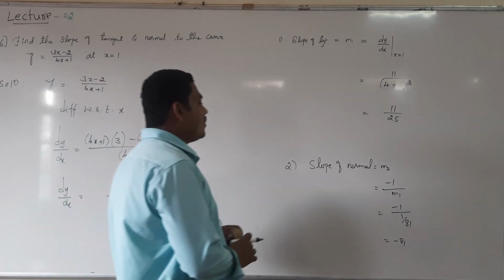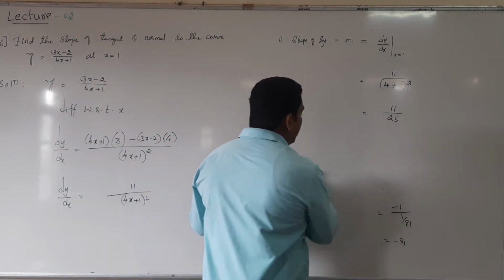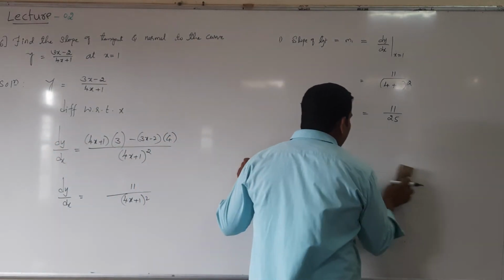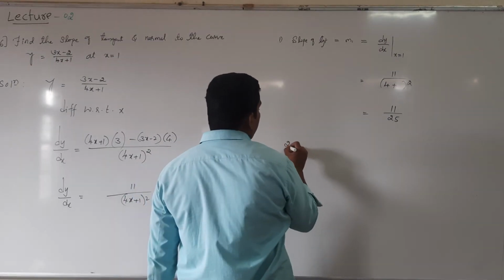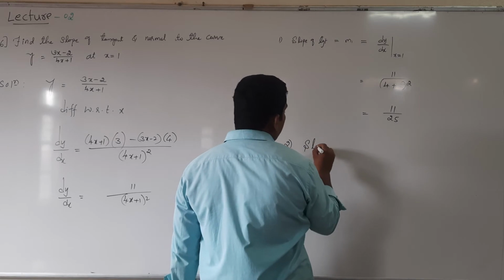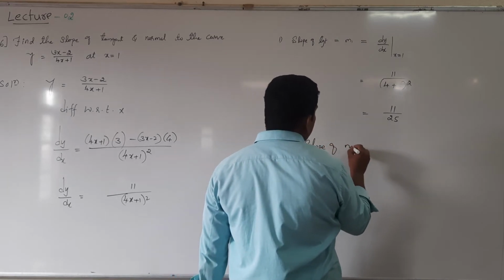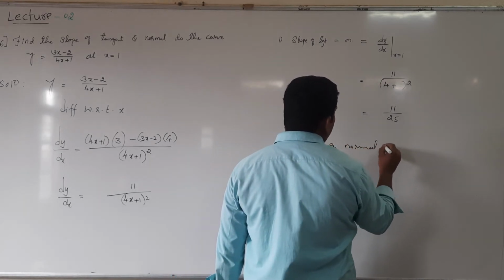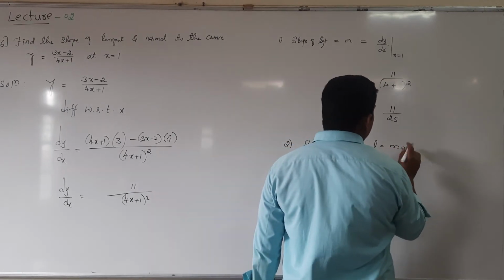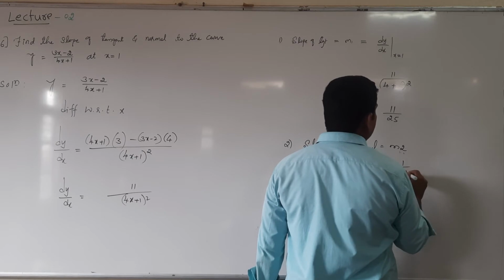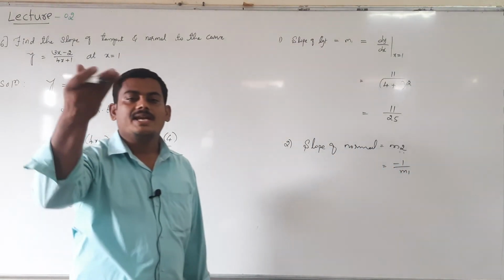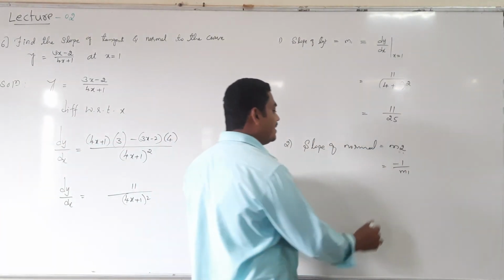After getting slope of the tangent, write slope of the normal line. Slope of normal is equal to m2. Already we know that m2 value is minus 1 divided by m1, means negative reciprocal of slope of the tangent.